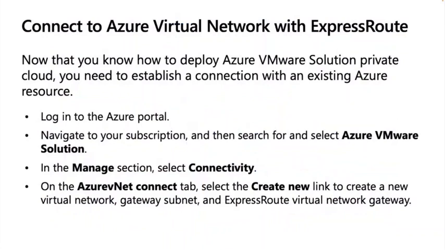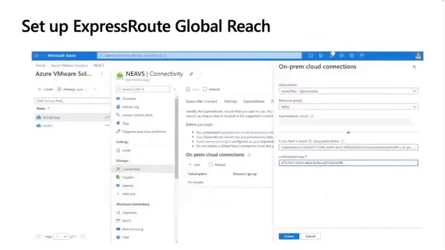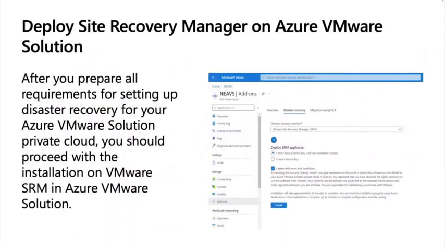In order to enable this, you have to have that Azure vConnect and create your ExpressRoute gateway. So you go into your portal and then into your subscription, and you type in the subscription ID of the other site, and then you put in an authorization key that you request. So you request an authorization key and paste it in there, and then you're able to connect to the other site.